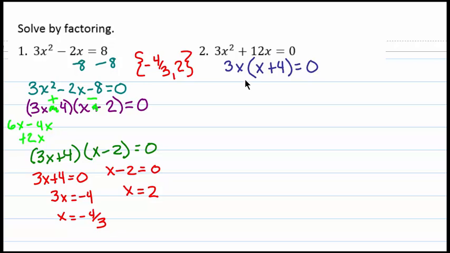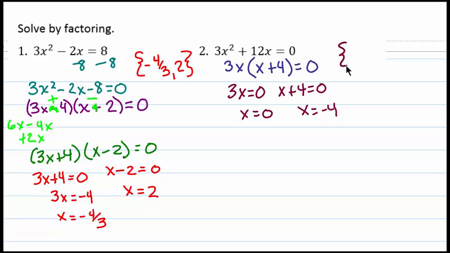Again, I have two factors. Once I have those two factors, then I can set each of my factors equal to 0. So then I have 3x equals 0, x plus 4 equals 0. Solving here, I get x equals 0, and then I get x equals negative 4.